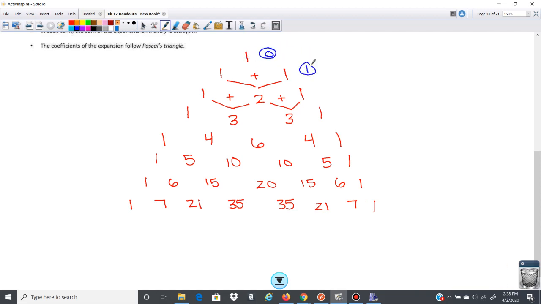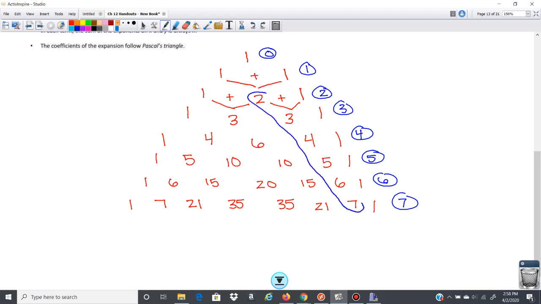This is row 1, 2, 3, 4, 5, 6, 7. So it's important to remember it always starts with row 0. And then when you expand, you're going to look at your outer corners here, and that's going to tell you the row. So 2, 3, 4, that's going to tell you what row you're at.